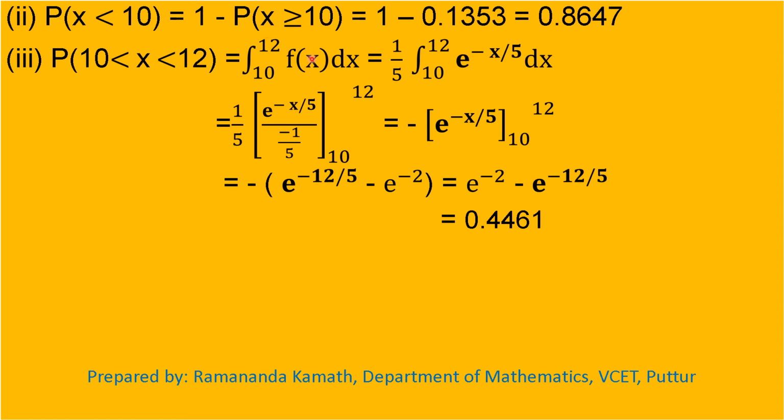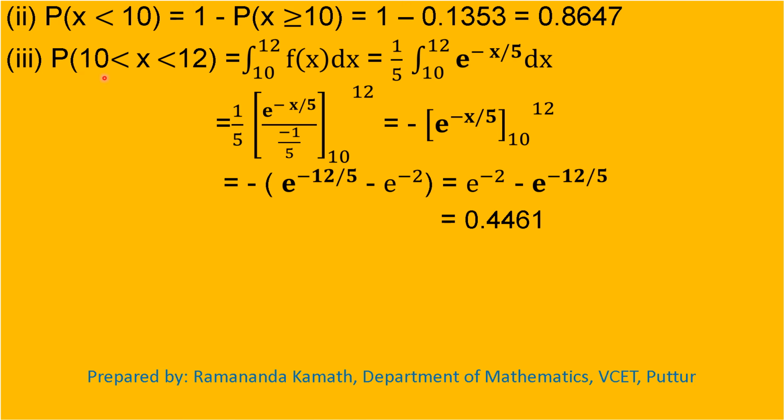That probability was already calculated in the previous part, 0.1353. So 1 minus 0.1353 is 0.8647. This gives the probability that the shower will last for less than 10 minutes: 0.8647.